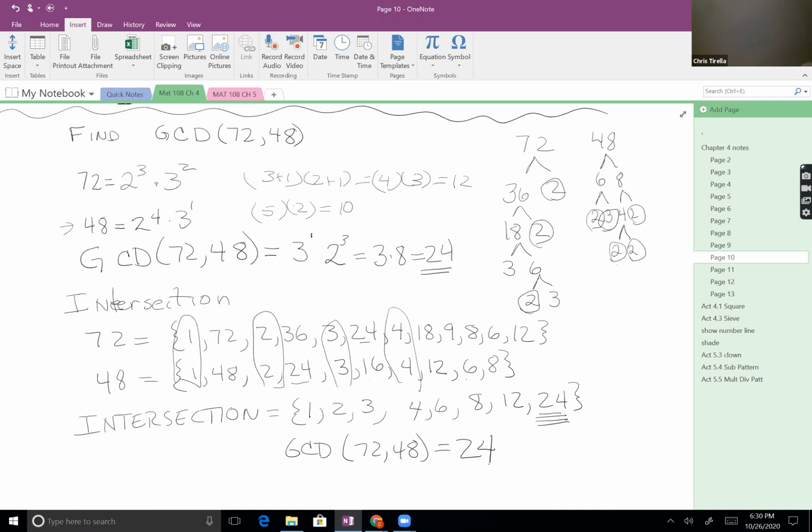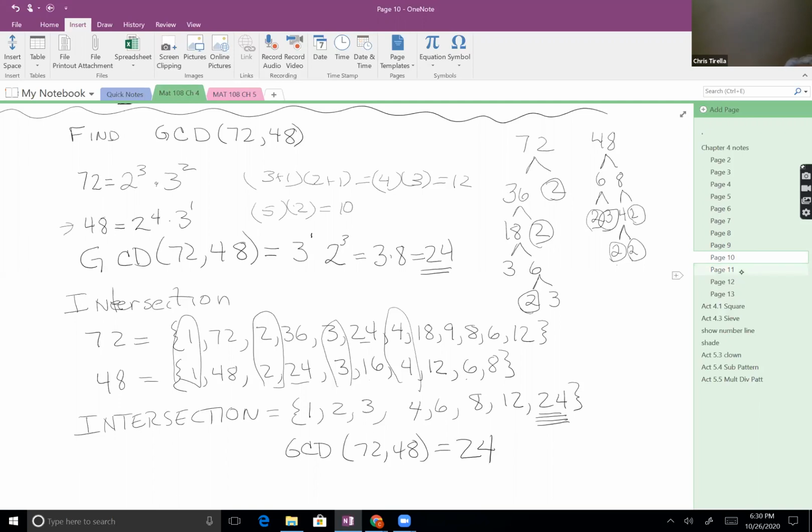I guess it depends on the size of the numbers that you're looking at. There's a third method that initially seems a bit more involved than the others, but it would be much easier to use if we had very large numbers.